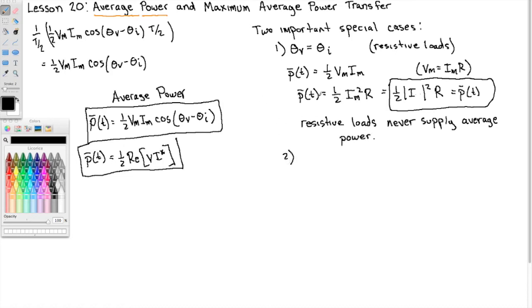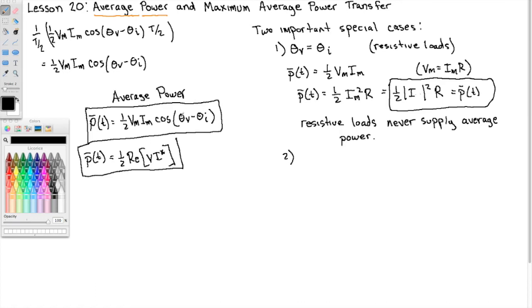Okay, the next case I want to consider is when the angles differ by 90 degrees. Now, the cosine is an even function, so it does not matter if the voltage lags the current by 90 degrees or if the voltage leads the current by 90 degrees.